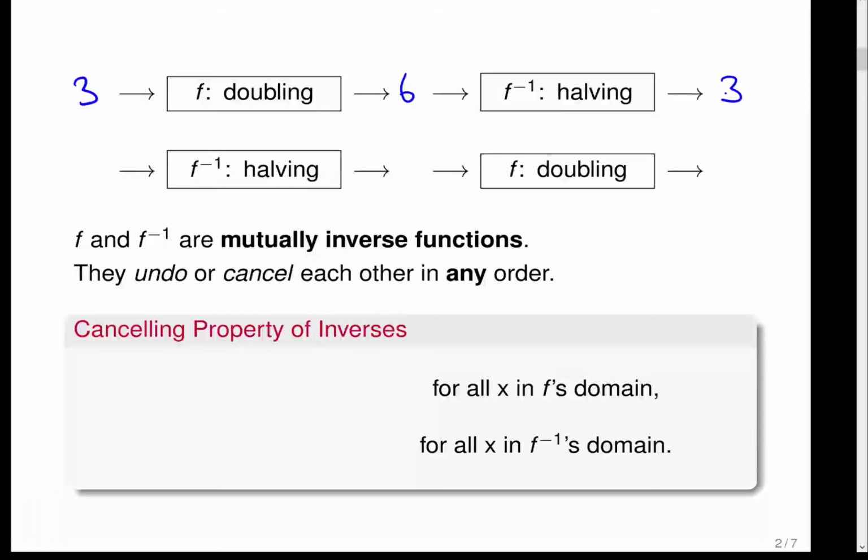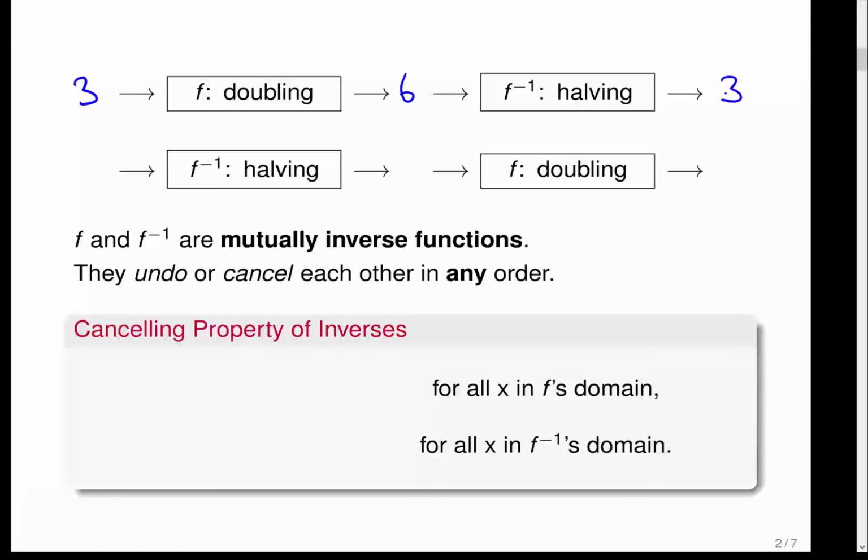This is because the operation of halving precisely undoes or cancels the operation of doubling. Moreover, the order in which you apply the operations doesn't matter. Just as how halving cancels out doubling, doubling will of course also cancel out halving.